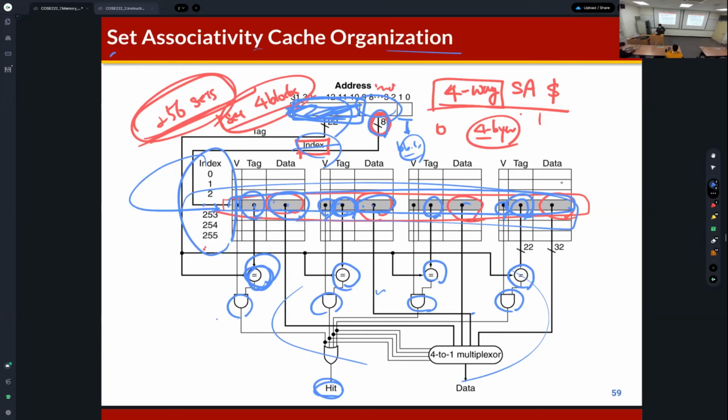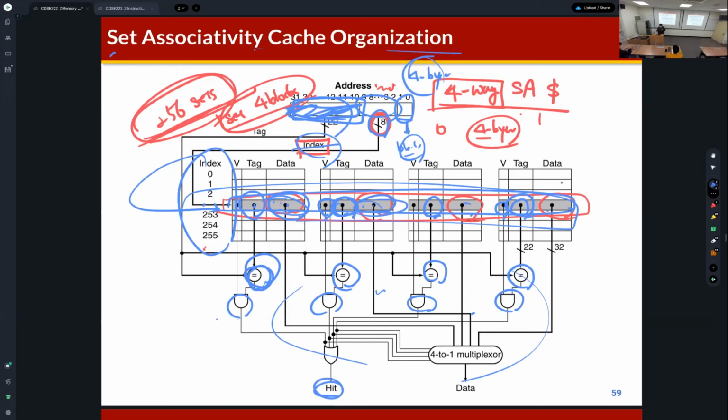Because the block offset in this cache is 2 bits, the block size is 4 bytes. So each block size is 4 bytes, and in one set, 4 blocks can be stored.